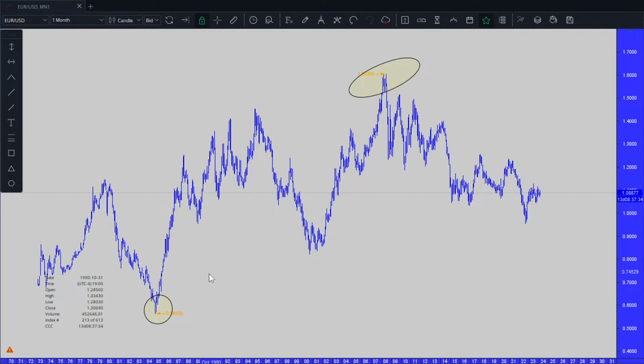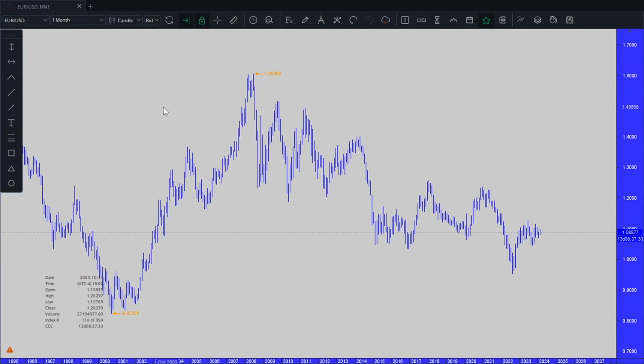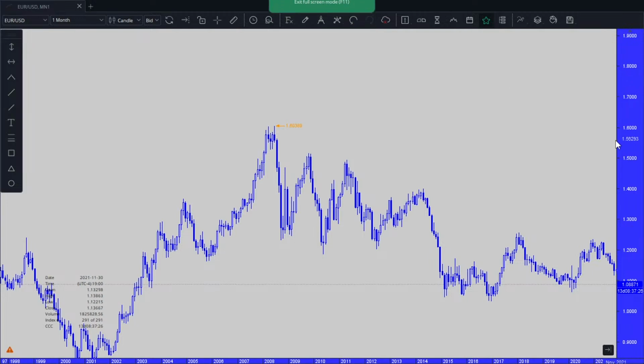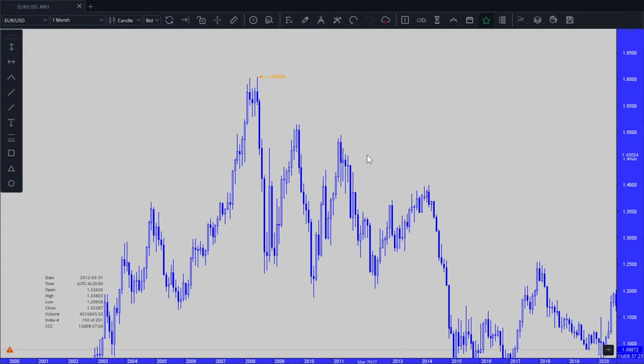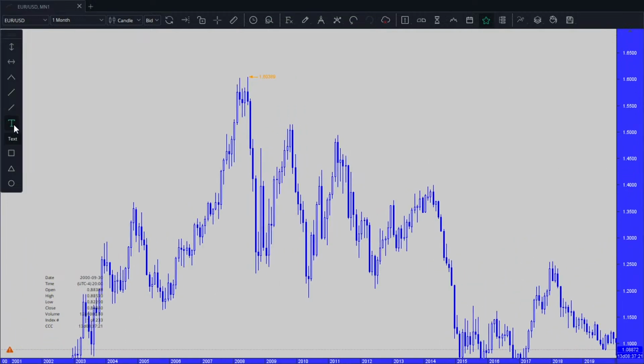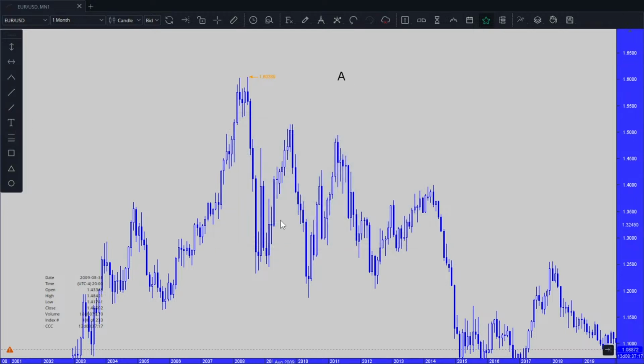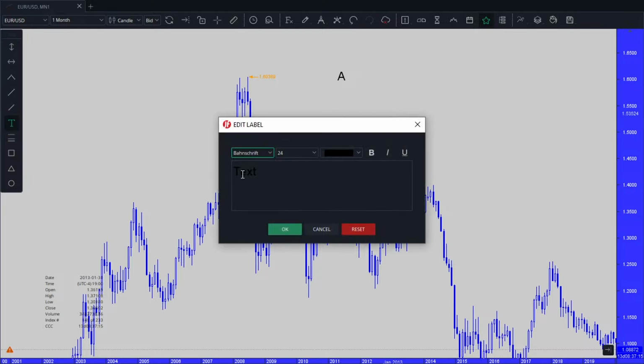And here is the low. So we are going to start from the highest high, right? We're going to do something like this, and as always, we are going to do the ABCD: A, B.